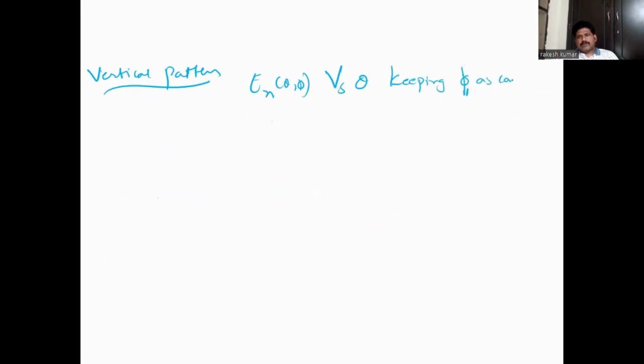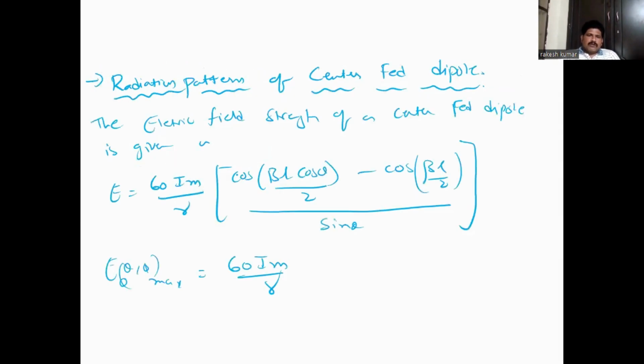So En of theta comma phi is equal to E of theta comma phi by E of theta comma phi max. So simply divide that one with this one.